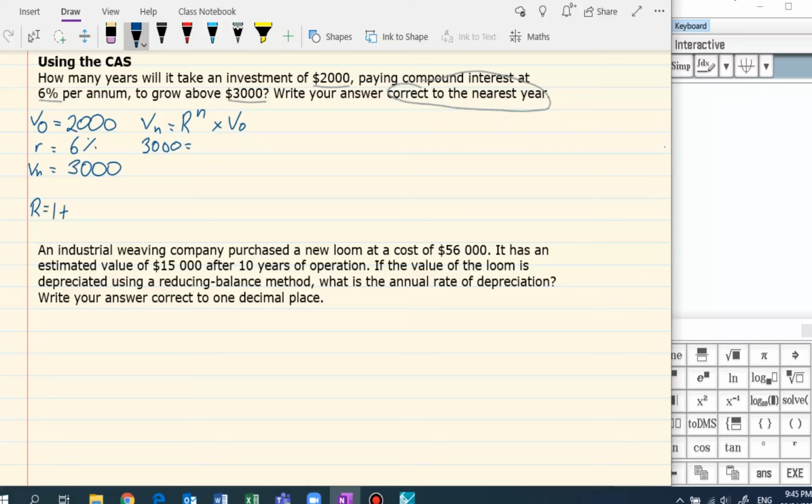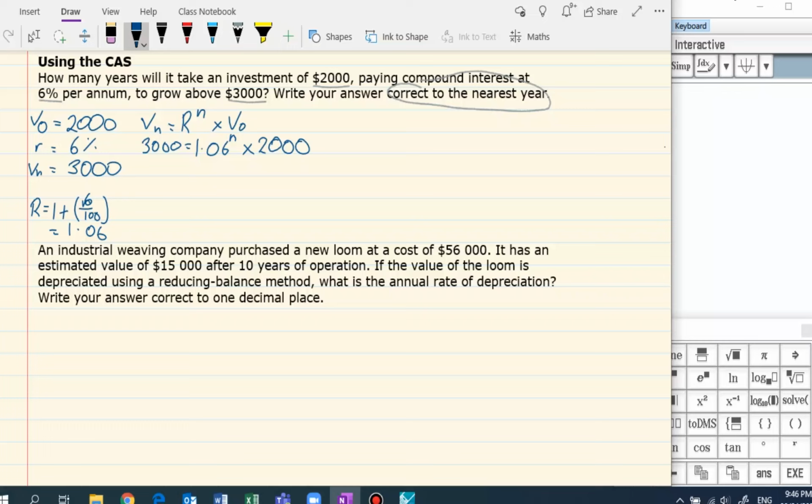So it's 1 plus 6 over 100, which is equal to 1.06, to the power of n. Now, n is what we're going to be wanting to find. V0 is not $3,000. V0 is $2,000, like we've got over on the left there.